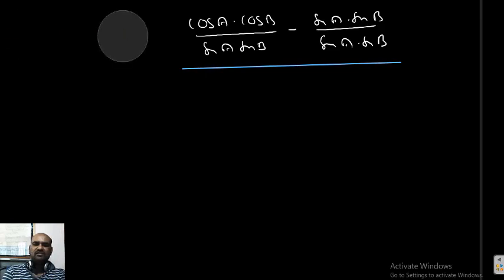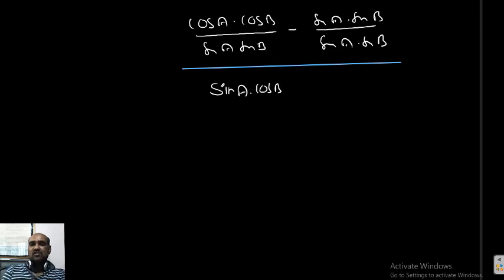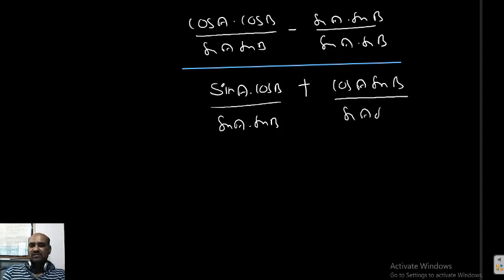Divided by the denominator now: sin A cos B by sin A sin B plus cos A sin B by sin A sin B. So this is the numerator, this is the denominator.